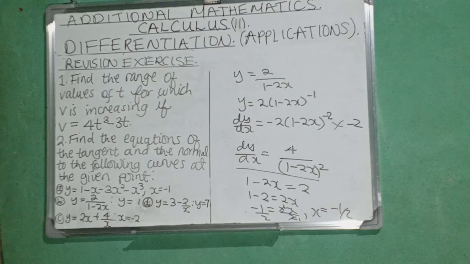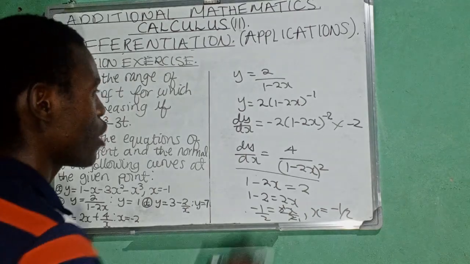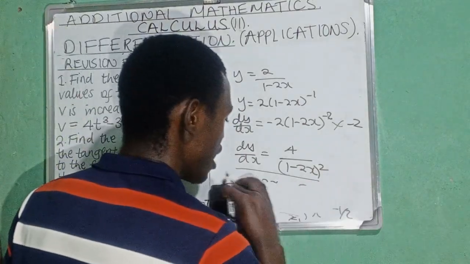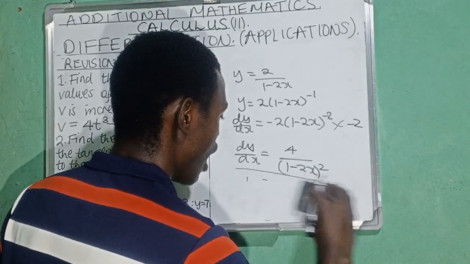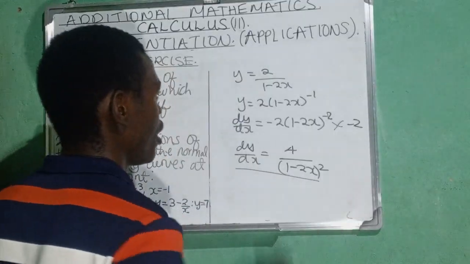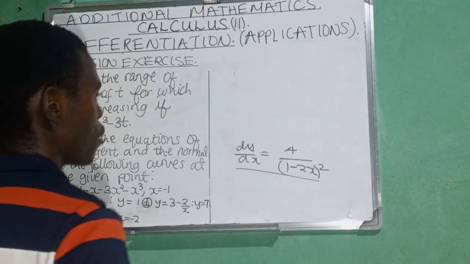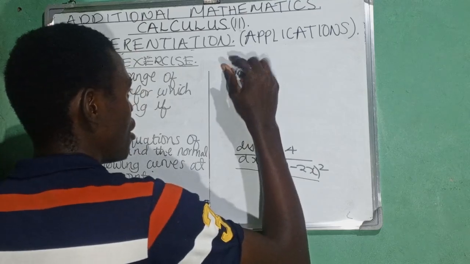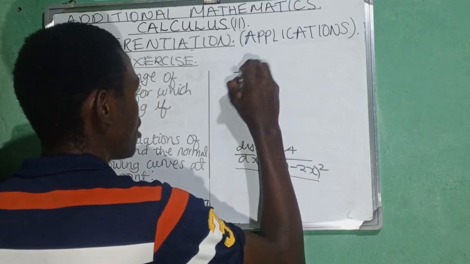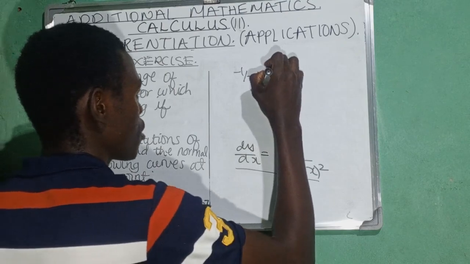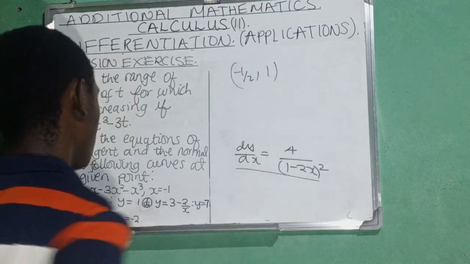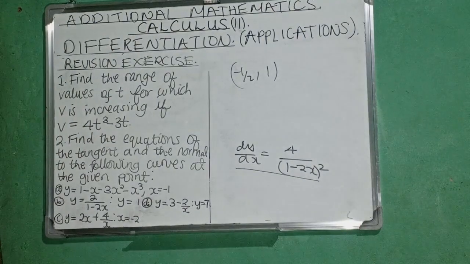So your coordinate would be negative half, comma, positive 1. Because if you substitute a positive 1 and cross multiply, we find a negative half.